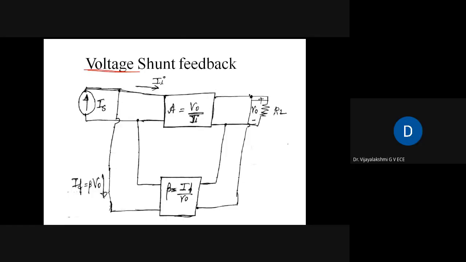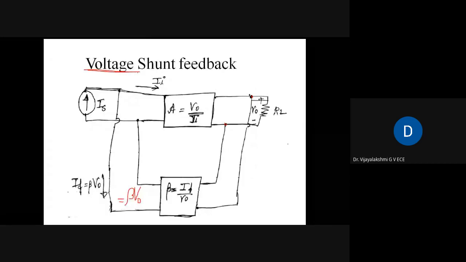So at the output I am going to take the voltage signal for the feedback. I am taking V naught, as you can see here. So what is the feedback factor? It is beta into V naught. Fine, because it is voltage. Now the other part says it is a shunt, voltage shunt.